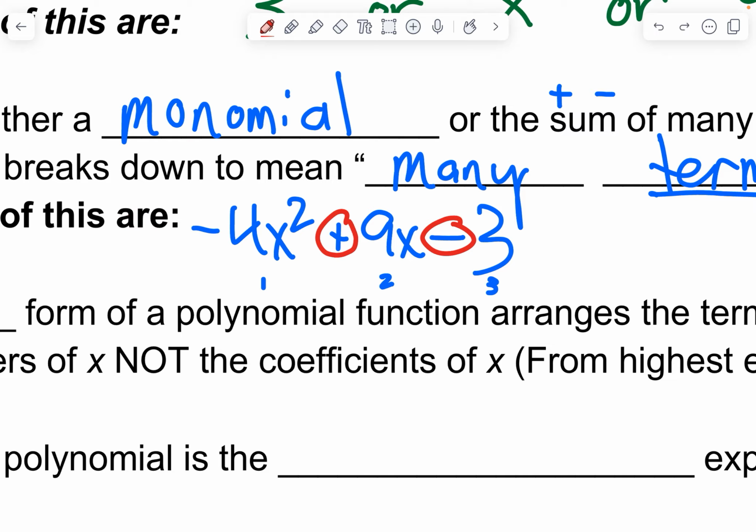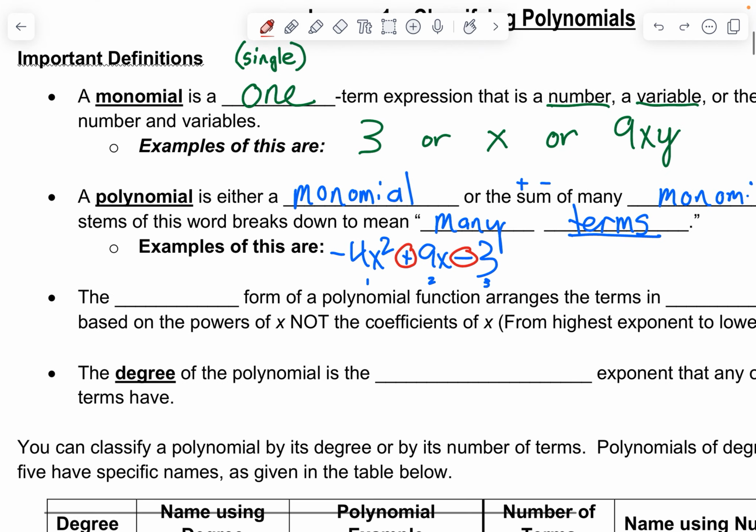So this has 3 terms, 3 monomials, separated by plus and minus signs. That whole thing is called a polynomial. So polynomial is kind of a big umbrella term, and then we'll have different words and ways that we can classify our polynomials below.